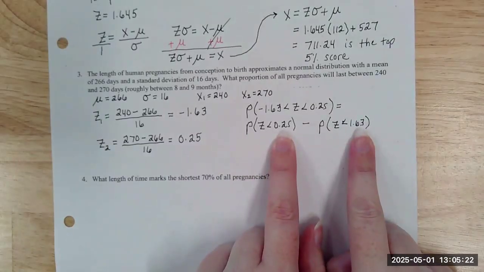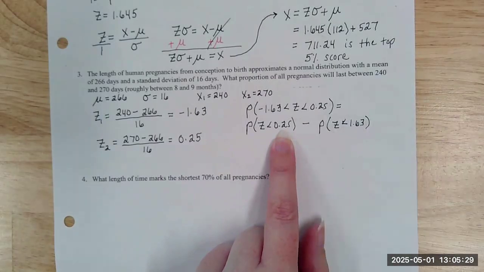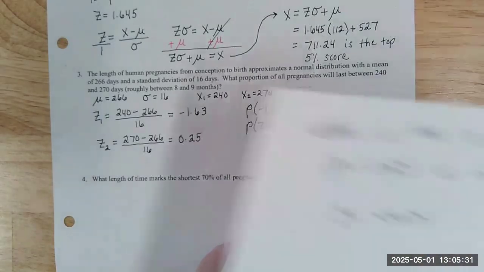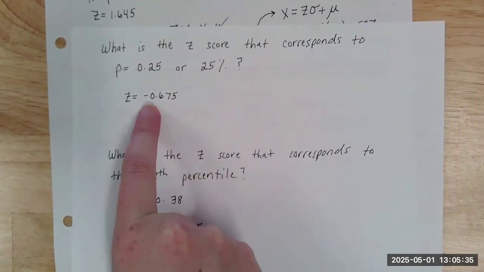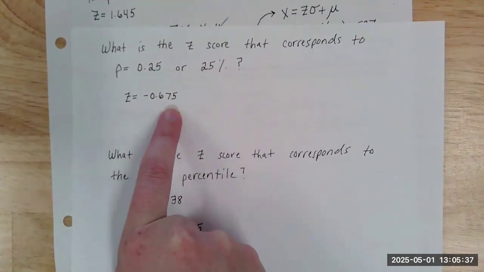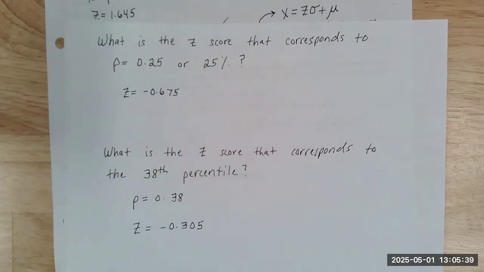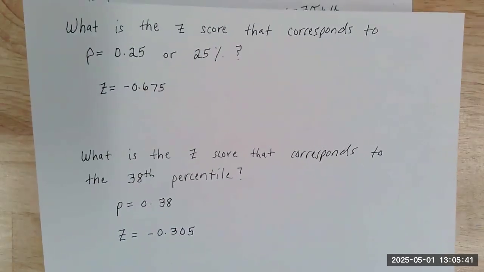That's all you're doing. So the probability of 0.25. That was one of the ones I already asked you to do. Oh, nope. Sorry, I'm doing that backwards.